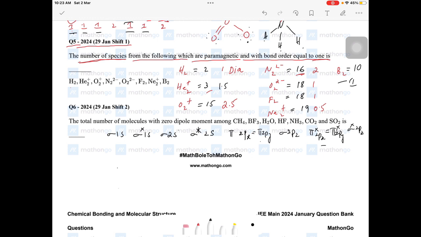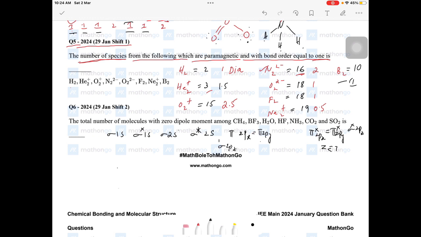This is when the atomic number is 7 or lesser. For nitrogen and beyond, up to oxygen, we have more electrons, so we change the electronic configuration: first we take sigma 2pz.